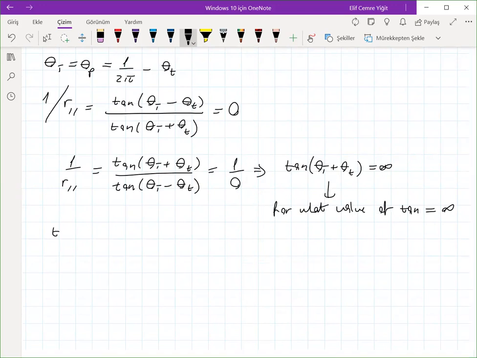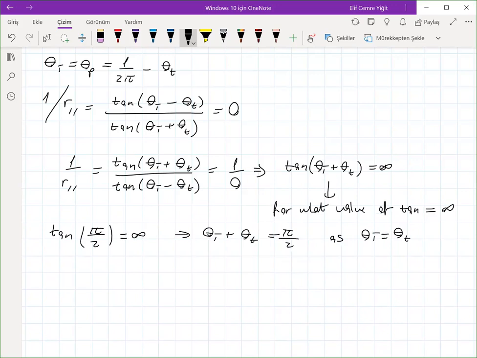Then I will say theta incidence plus theta transmittance will be pi over 2. Okay, it can be pi over 2.